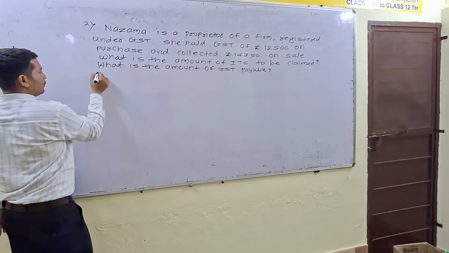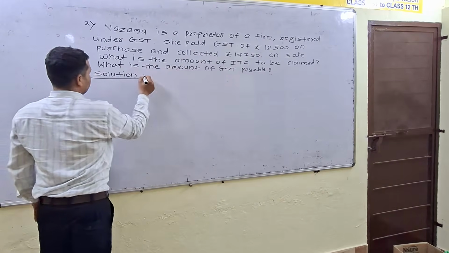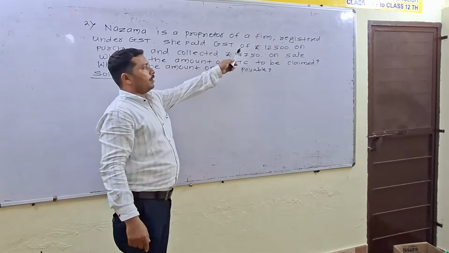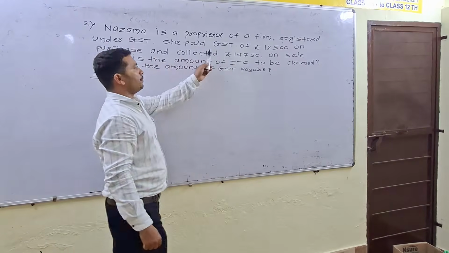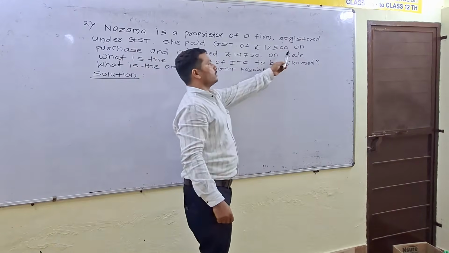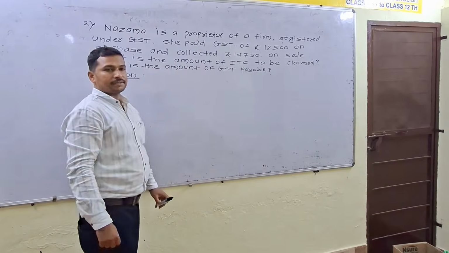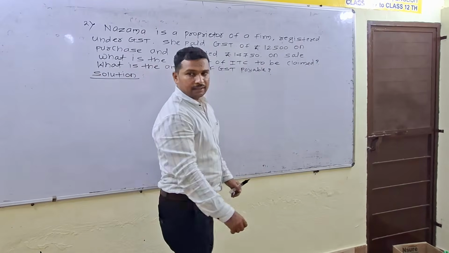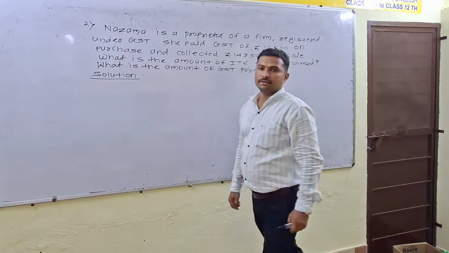Write down the solution. Okay, first, Najma is a proprietor of a firm registered under GST. She paid GST of 12,500 on purchase. At the time of purchase means input tax, and at the time of sale means output tax.